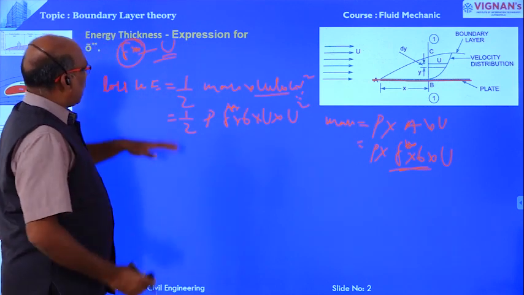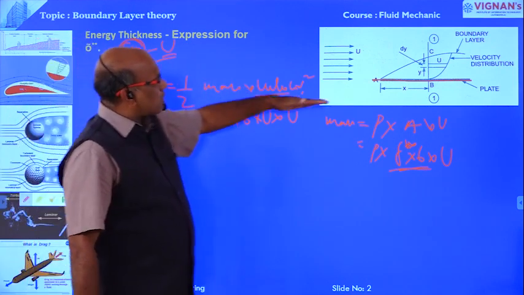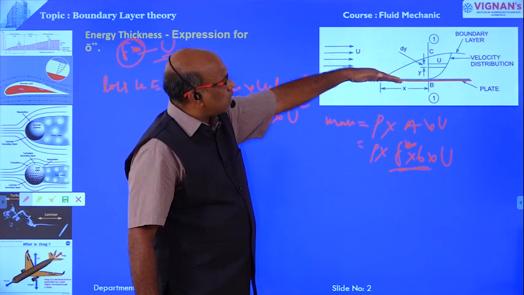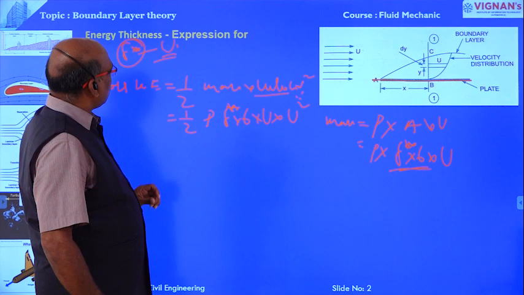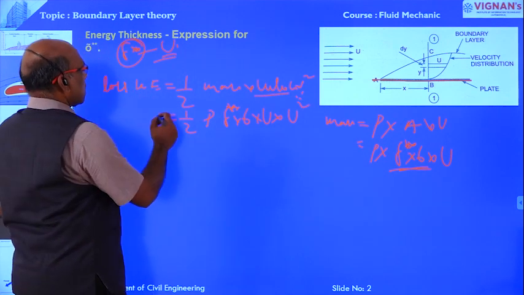This is the loss of kinetic energy because the boundary layer is shifted from the original position to a distance delta double star. The velocity at that point is capital U. So this is one loss.